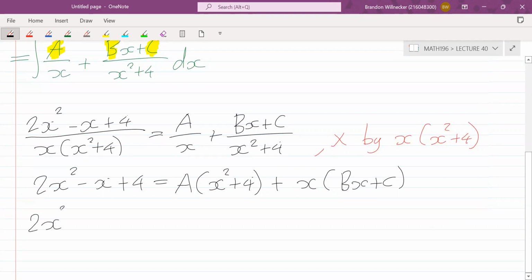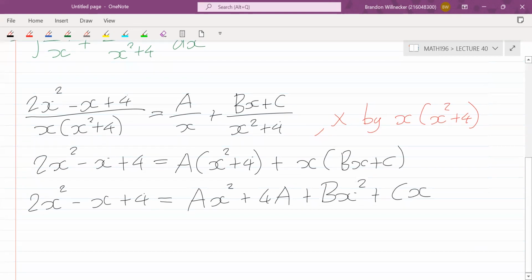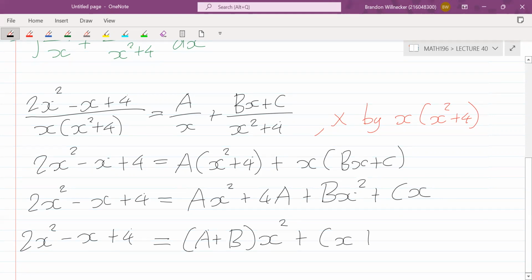So we're going to have 2x² − x + 4 equal to Ax² + 4A + Bx² + Cx. I've just multiplied everything out. Now I can collect my like terms. The x² terms I can collect, so I'm going to have (A + B)x² + Cx + 4A.